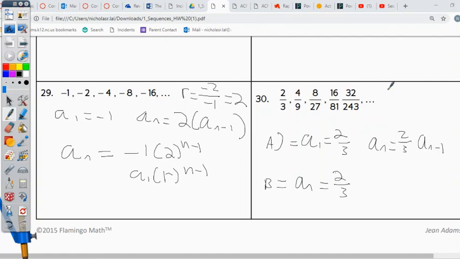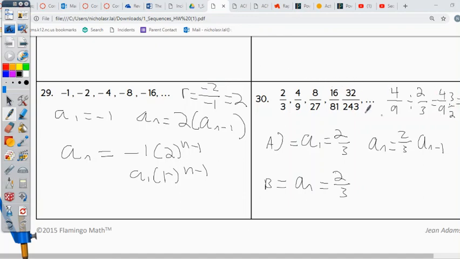So let's find r though. 4/9 divided by 2/3 is going to be equal to 4/9 times 3/2.